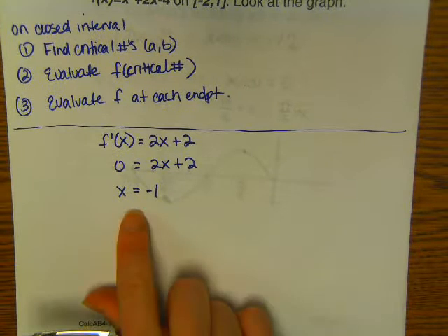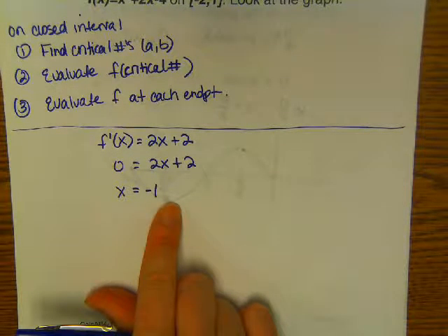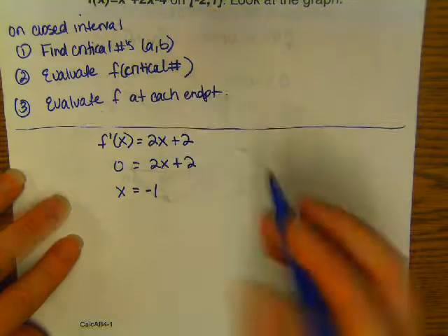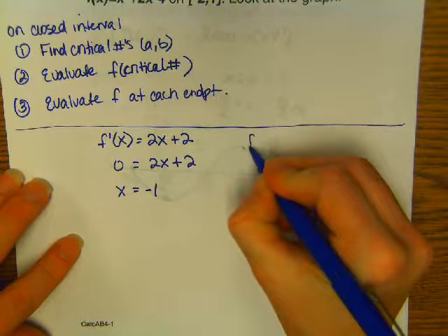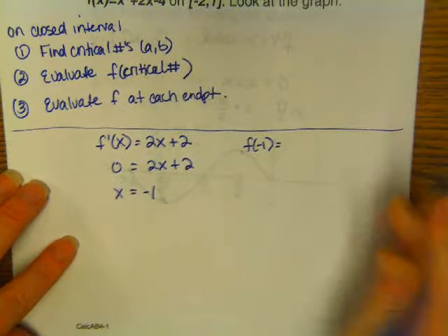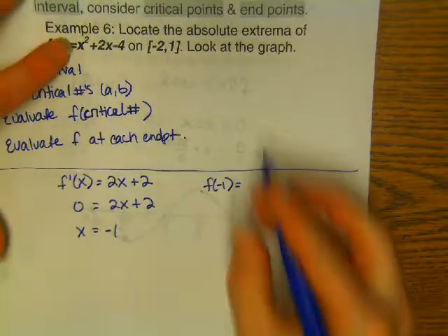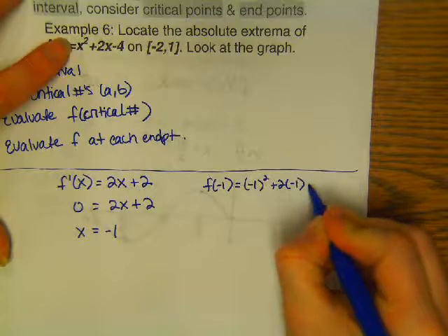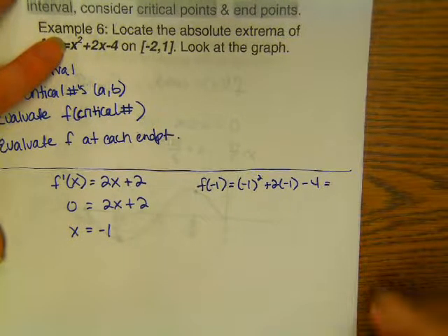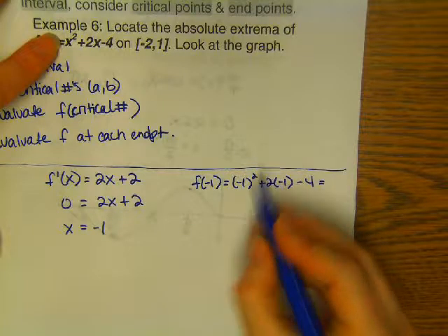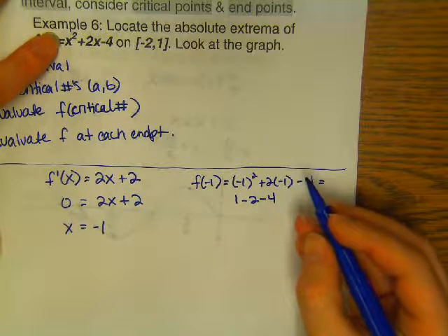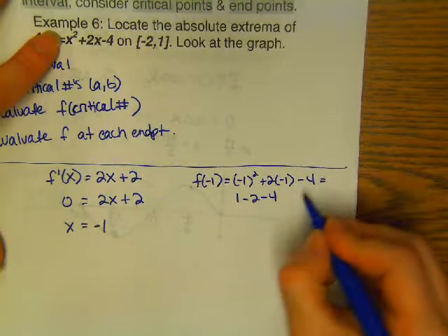I'm going to evaluate in the original function now what is f of -1, because it's a potential extrema. So I plug it in, I get -1 squared plus 2 times -1 minus 4. And I get 1 minus 2 minus 4, which would give me -5. Okay.